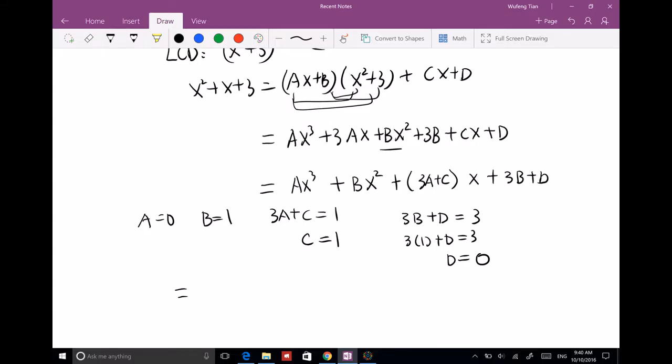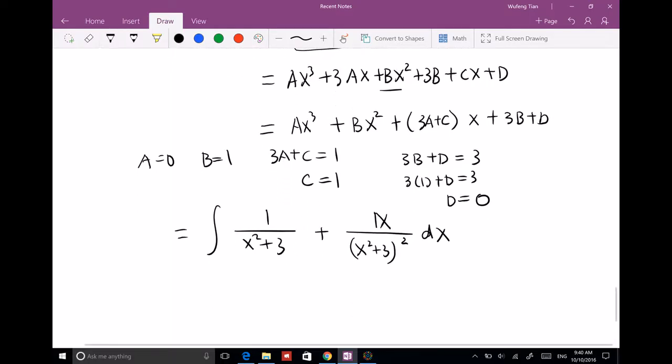Do you have any questions here? Okay. So now you got the integrand is going to be x squared plus 3, a equals 0, b equals 1, ax plus b, so it's just 1. Cx plus d, c is 1, so it's just 1x. D is 0, and then the denominator is x squared plus 3 square dx.